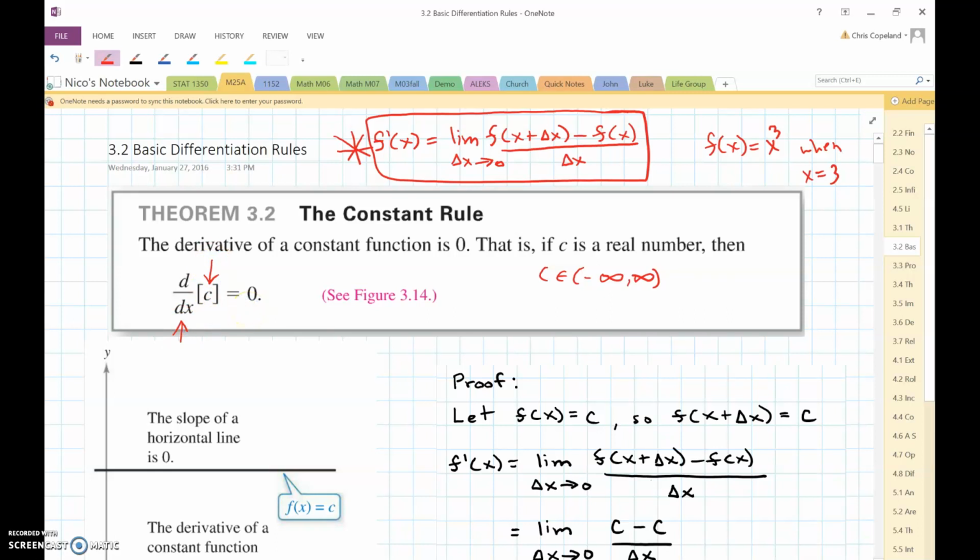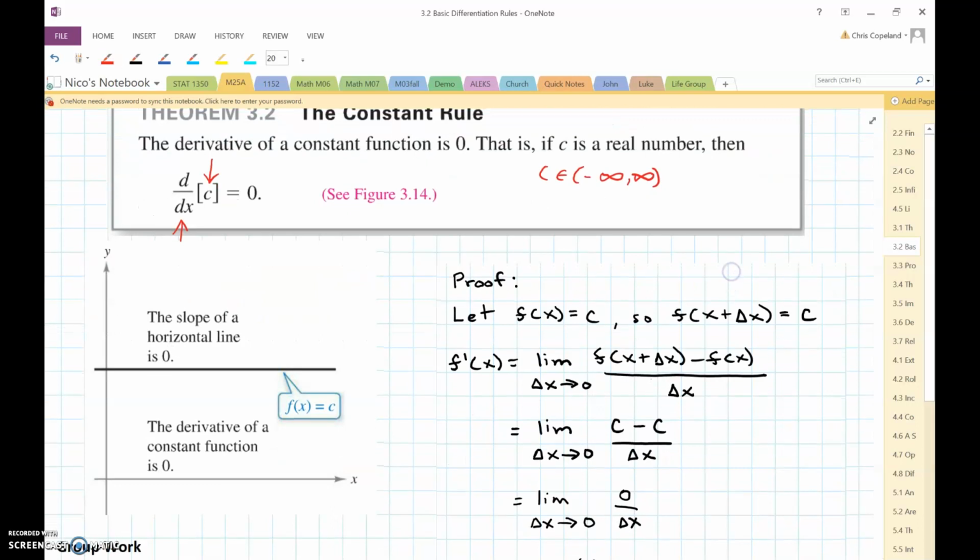And the reason why, you don't even really need a proof to understand this. A constant function is some horizontal line. Let's say that this is f of x equals 3.